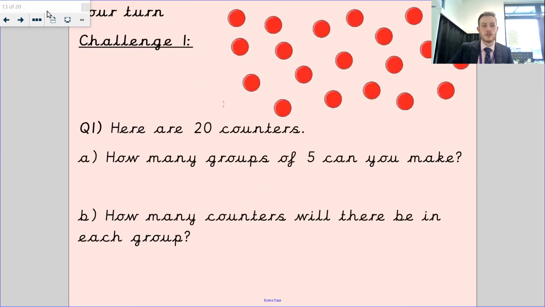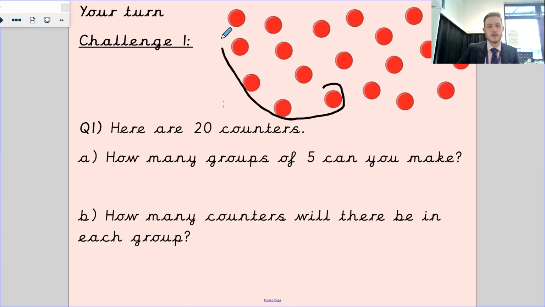Now it's your turn. For challenge 1, I'd like you to have a look at these 20 counters that I've got here. How many groups of 5 can you make? So you've got to look at all these and you've got to group them into groups of 5. So this is 1, 2, 3, 4, 5. So that is going to be one group.